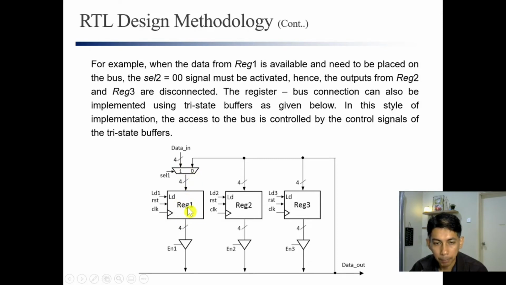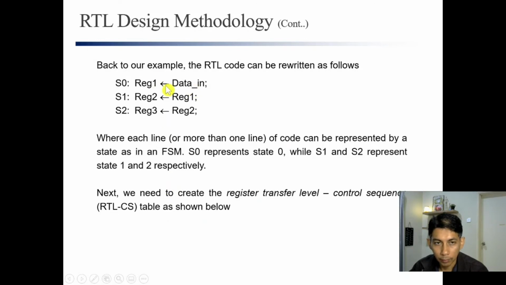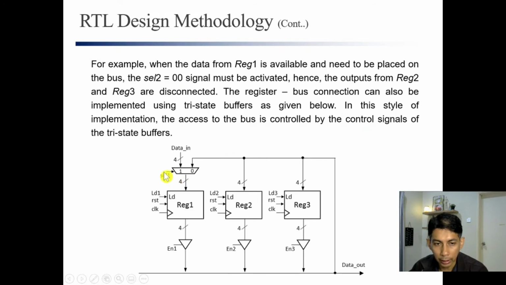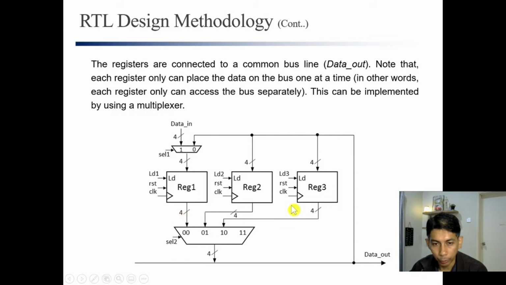To go to rack 1, you need to enable this LD1, which is load. If you do not activate this LD, the data cannot go into this register. Means that to do this, you need to set SEL1 to 1 and set LD1 to 1.